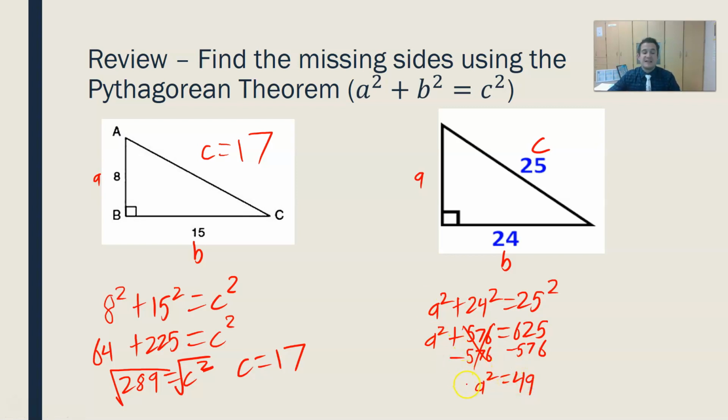Then I square root that and end up with A equals 7. So this side over here is 7. The square root of 49 is 7. That's something we already know how to do.